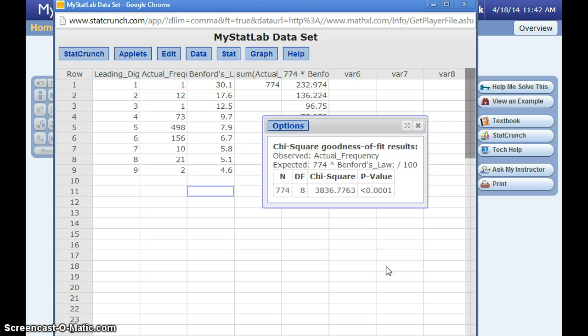And there it is. We got a humongous chi-squared statistic of 3,836, which is stupid large. And the probability of getting that is essentially 0.